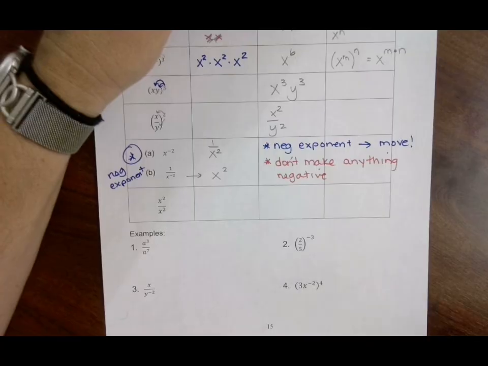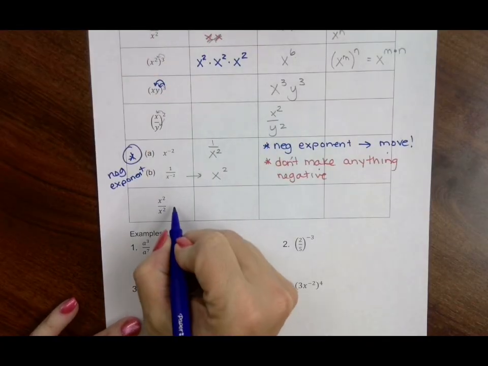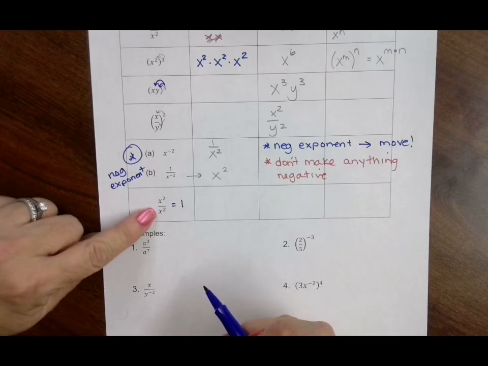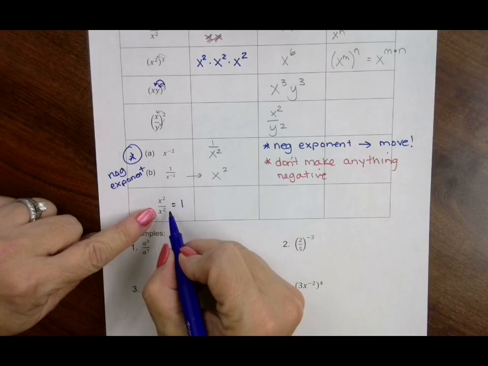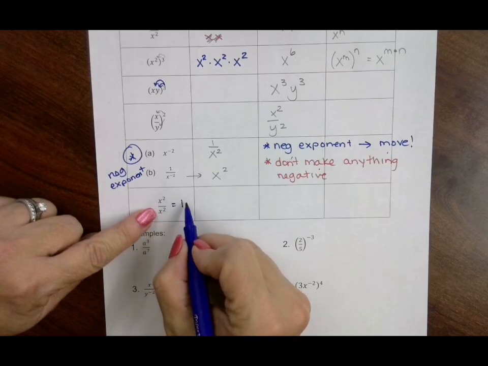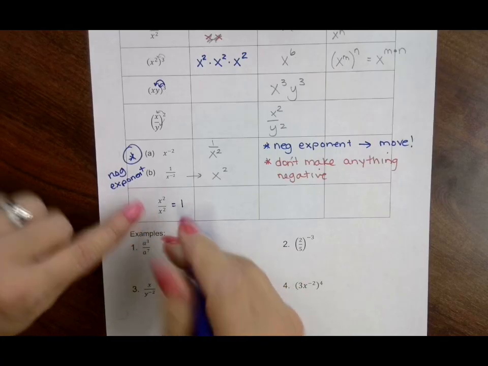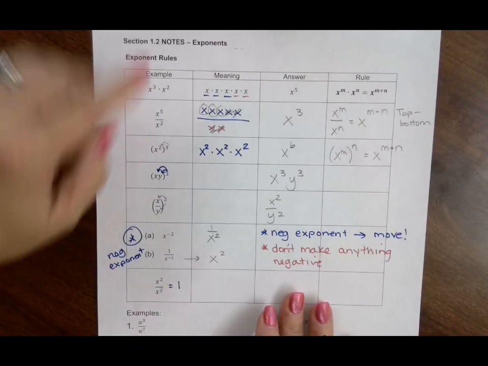And then this is our last one. So our last one, if we have this, x squared over x squared, this is the same as 1. So this would simplify to just 1. And if this simplifies to 1, then we don't have an exponent power anymore. So what's happened is if I look at this with my division rule, which was clear up here, we say that we subtract our exponents.